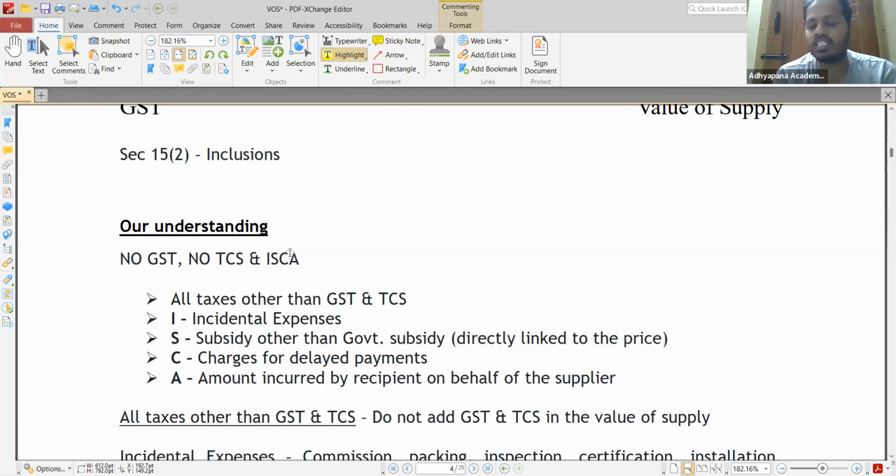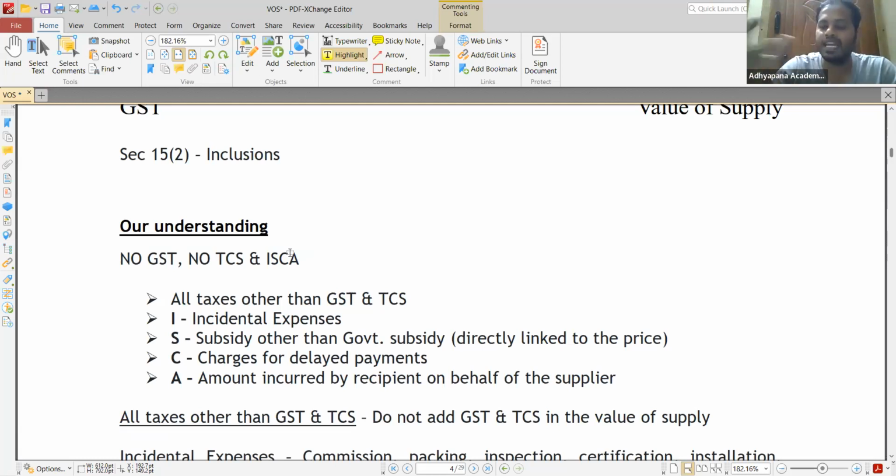No GST, no TCS means you have to add all taxes other than GST and TCS. So if you have paid municipal taxes or entertainment taxes, all those tax values, if you are supplying, then for that supply you have to add all those taxes.